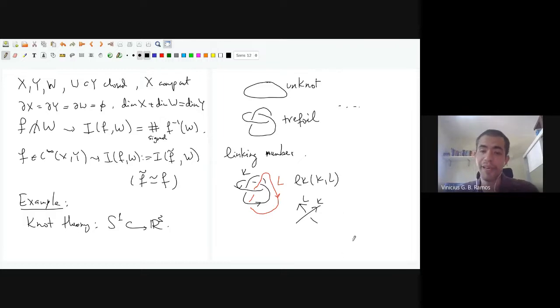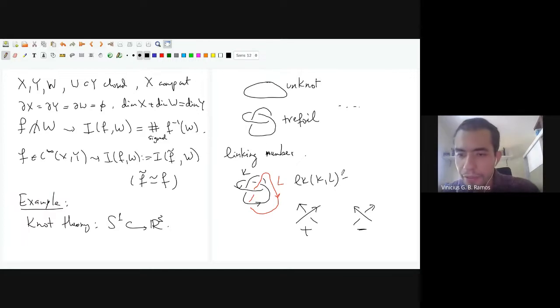But then you have to put signs. So if they intersect like this, with this one on top and this one on the bottom, you say this is a plus. And if they intersect like this, you say this is a minus.